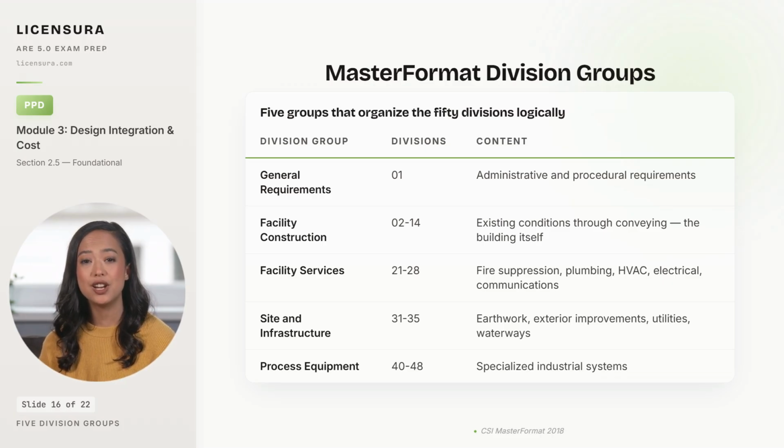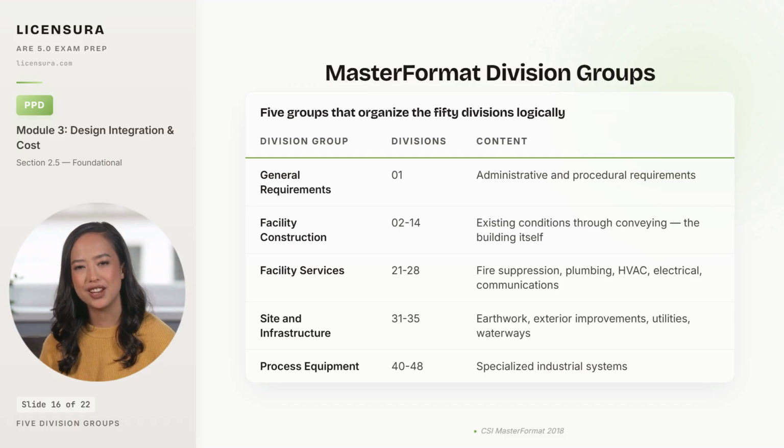Site and infrastructure is divisions 31 through 35, and it covers earthwork, exterior improvements, utilities, waterways and marine, everything outside the building footprint. And process equipment is divisions 40 through 48, used on industrial projects for material handling, water and waste treatment, and pollution control. On most commercial projects, you live in the first 4 groups and never touch the 5th.